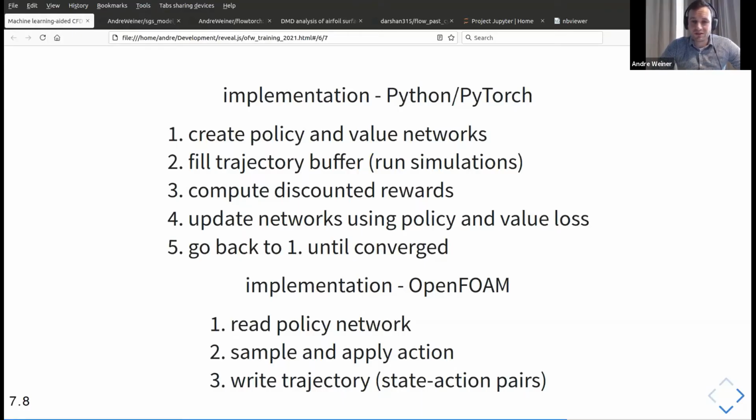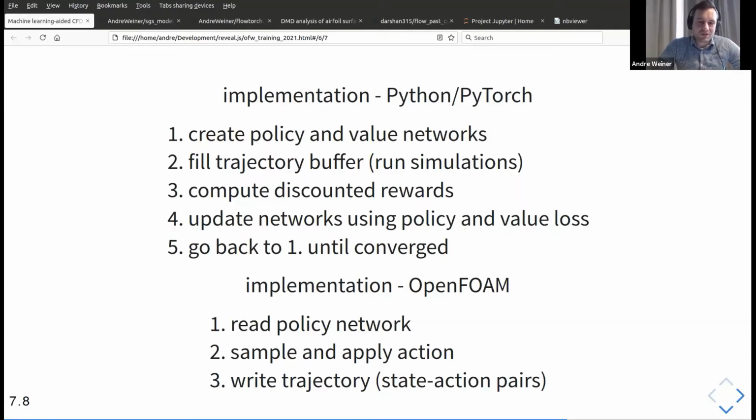I'll tell you in a second what a trajectory is in detail. This step performs a bunch of simulations. Then we evaluate the trajectories from the simulations and compute so-called discounted rewards. So we analyze how well we did during the last iteration. Then we use a special policy and value loss function to update the weights of our networks to get a little bit closer to achieving our goal.